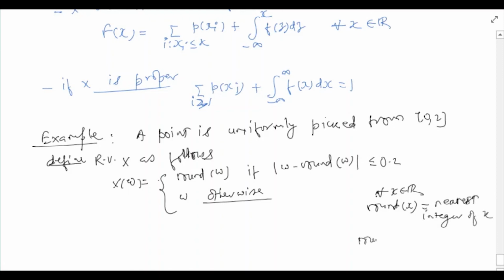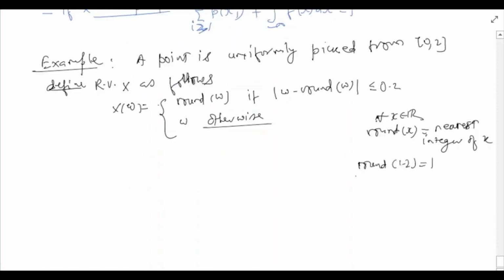For instance, round of 1.2 will be 1, round of 2.9 will be 3, round of 3 will also be 3. So we define a random variable X(omega) to be round of omega if the absolute value of omega minus round of omega is less than or equal to 0.2, and X(omega) is omega otherwise.